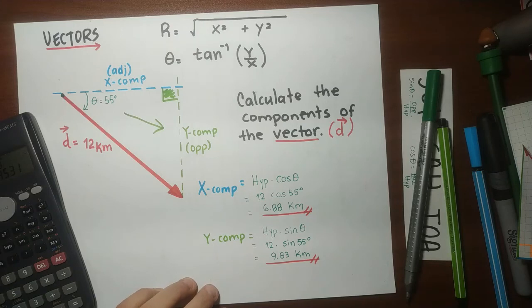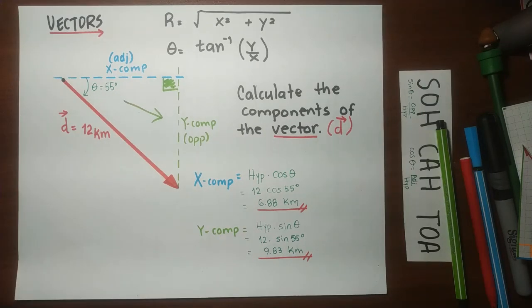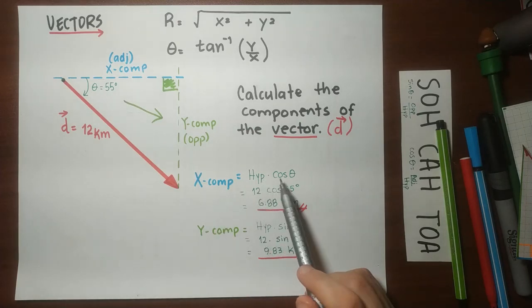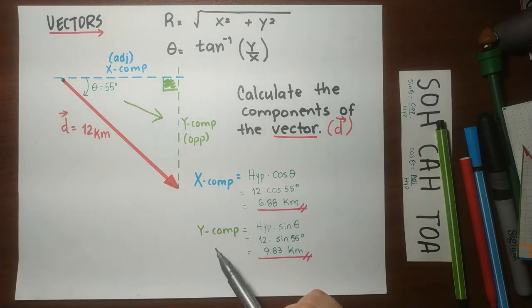And this, guys, is how you get the components of any vector. I forgot to mention that as a conclusion, we can say that your adjacent component will be equal to vector cosine of the angle, and your opposite component will be equal to vector sine of the angle.